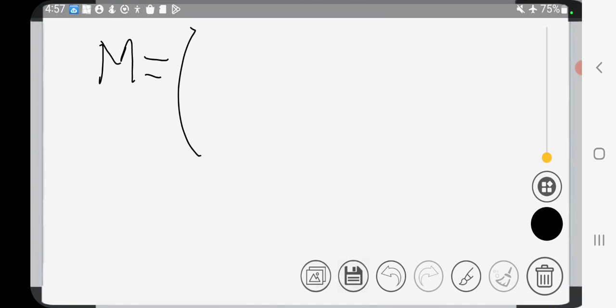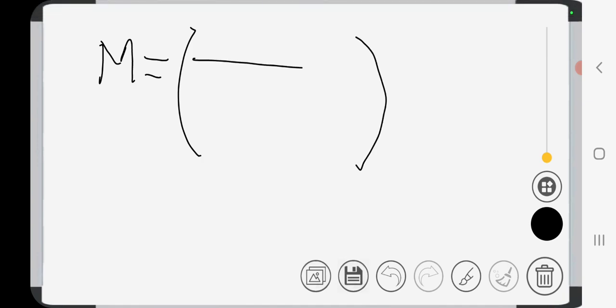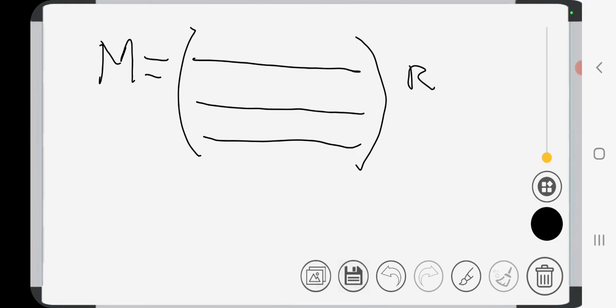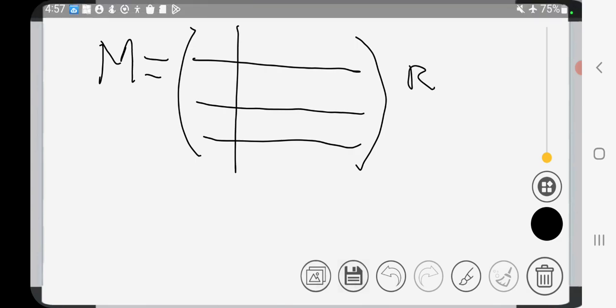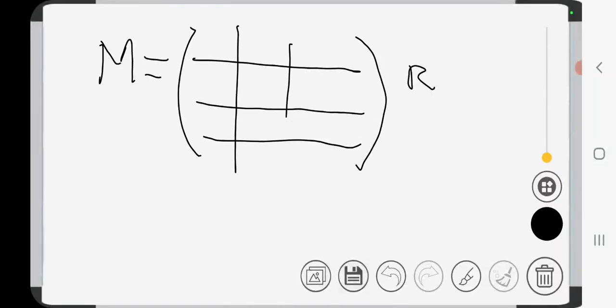Now let me indicate it again. Let's say I have this matrix. If I have this row 1 2 3, these are called the rows. If I take vertical line like this, these are called the column. Now the point of intersection of the rows and column will be the location of the elements of the matrix.